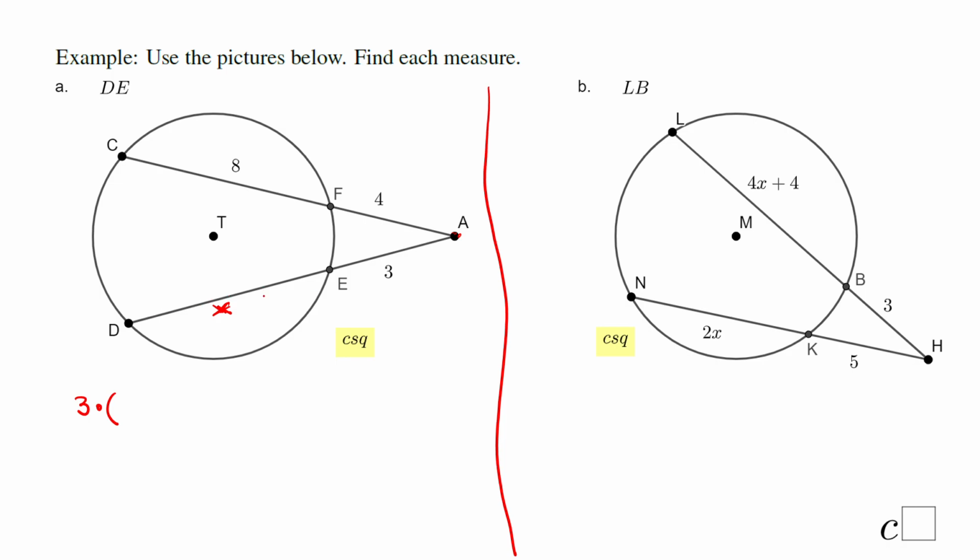Be careful, it's not DE, it's AD, which is going to be X plus 3, equals, now we move to the other side and we have AF, which is 4, times AC. Now that one is 4 plus 8. We don't need the parentheses here.